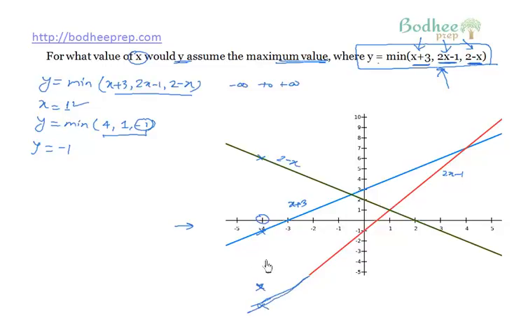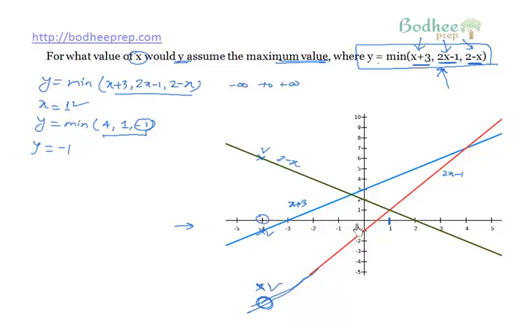So you see that y will take the minimum among these three, which lies on this red line. If I move towards 0, till this particular point, that is x equal to 1, the value of y will always be taken from this red line.